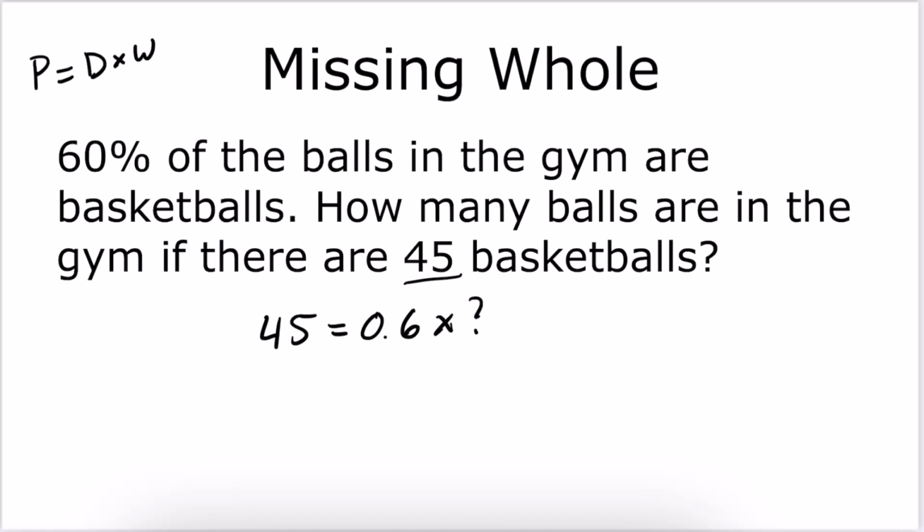Again, fact families: if I'm missing something that I'm multiplying by, I can use division to find out what the question mark is, and the question mark will be 45 divided by 0.6. You can have your students do that division. So 45 divided by 0.6 equals 75. That tells us that there are 75 balls in the gym altogether. And that's how you would find a missing whole problem.